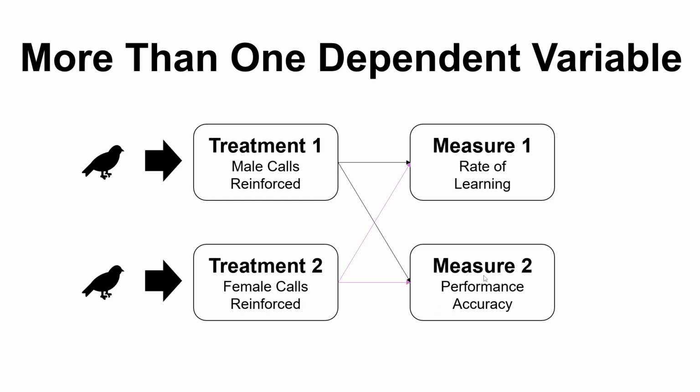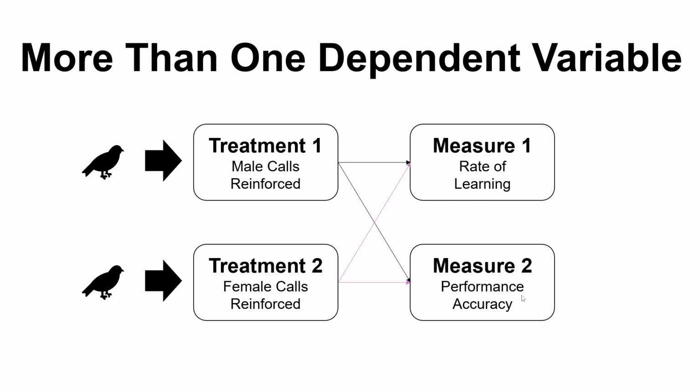We also wanted to measure their accuracy. So, did one of these groups end up learning this relationship better than the others? Is it easier to learn male calls or female calls? We can look at their accuracy at the end. So here, we get two different measures, and we can ask questions about how quickly they learned, depending on what type of treatment they received, but also what was their accuracy?